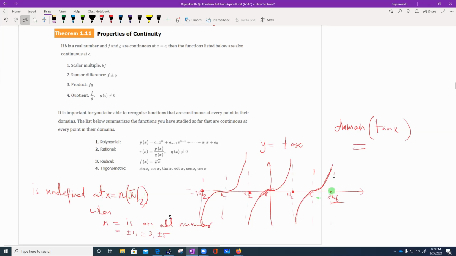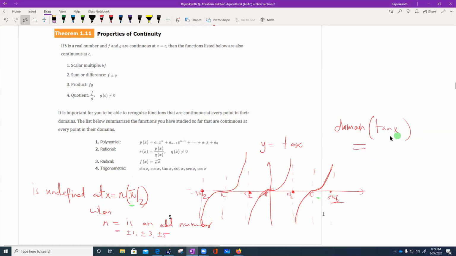That is why the function is undefined at 3 pi over 2, it approaches infinity, and at pi over 2, and negative pi over 2, and negative 3 pi over 2. If you exclude those points, the function is very good, always continuous.